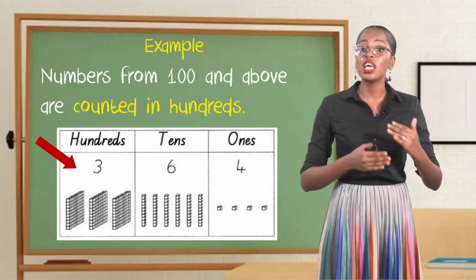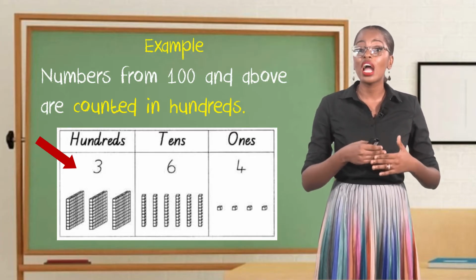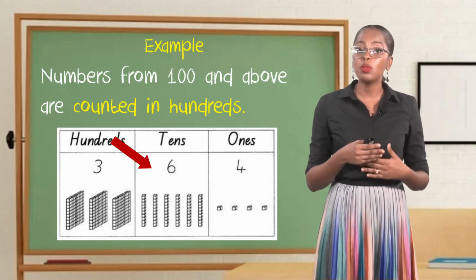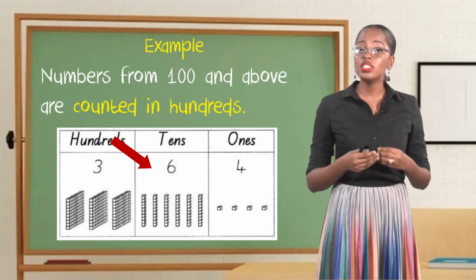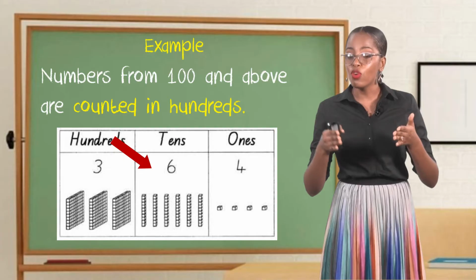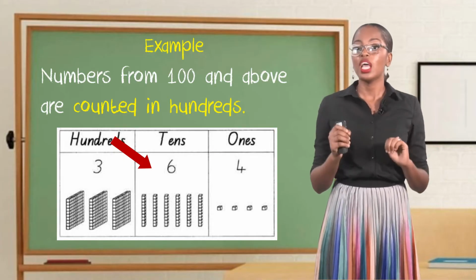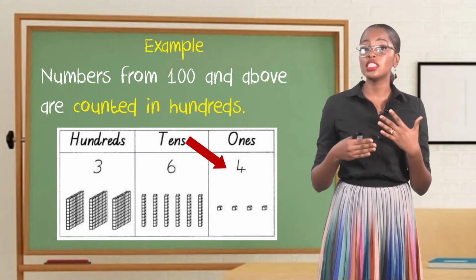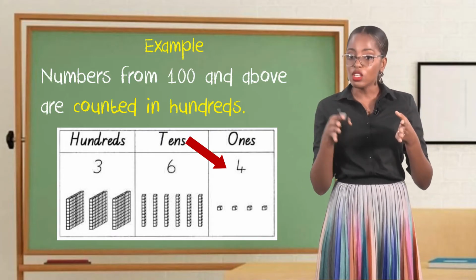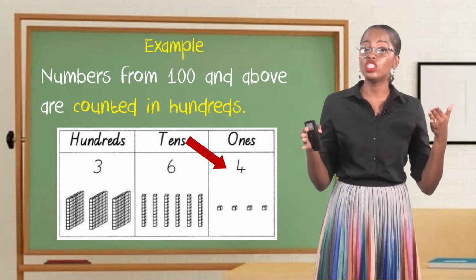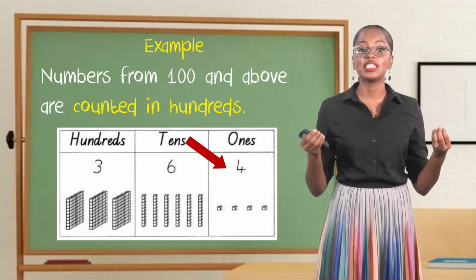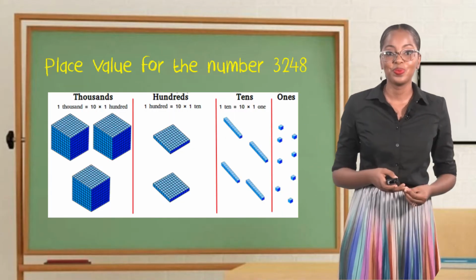This simply means that the number 364 has 3 hundreds in it, while 6 takes up the place of the tens column, which simply means that 60 makes up 364, or 6 tens. And finally, the 4 takes up the place of the ones column, which means that 4 units or 4 ones is being added to 360 to make up the number 364.